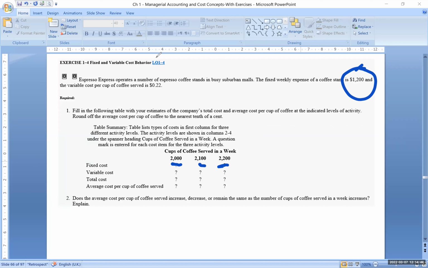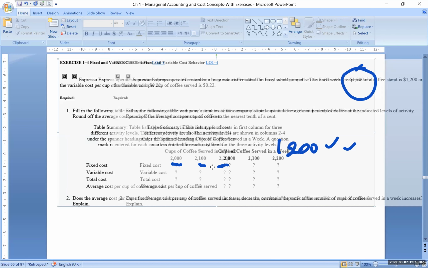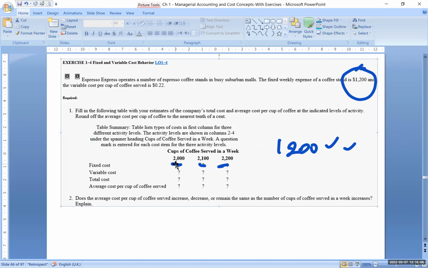So the first line will be 1,200, 1,200, 1,200 for the three levels, because the total fixed cost will be the same regardless of the level of activity served.